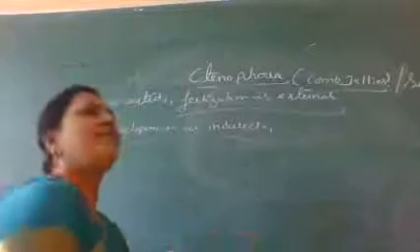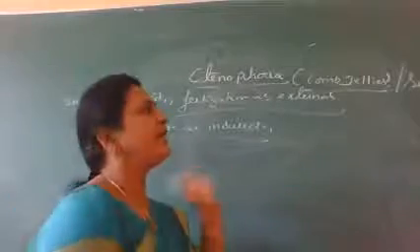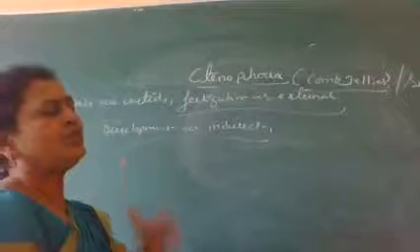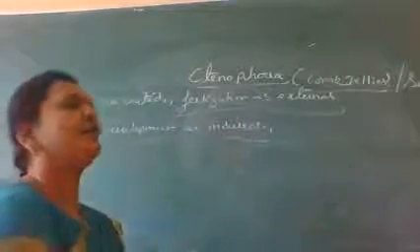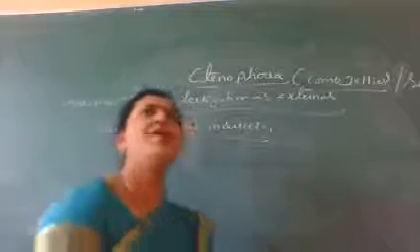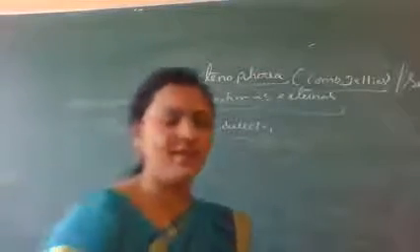Ctenophora is the typical example. Now, this ends the tissue level. Next is the organ level, that is Platyhelminthes. Next to that, the organ system level, Aschelminthes. We will discuss that in the next class.